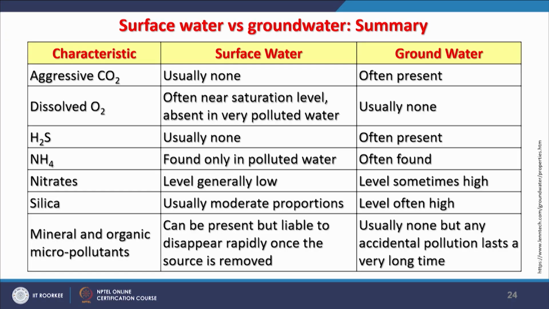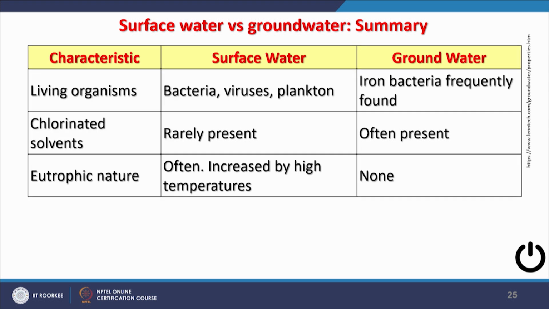If I take the example of silica, it is usually in moderate proportions in surface water, but in groundwater the level is often high, because the water is coming from subsurface rocks, might be directly from rocks, and rocks are sometimes very rich in silica. Minerals and organic micropollutants can be present in surface water, but usually these are very low in groundwater. The last few points are living organisms.